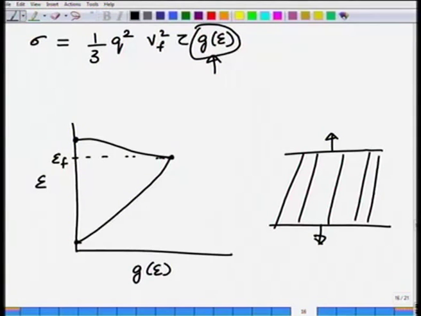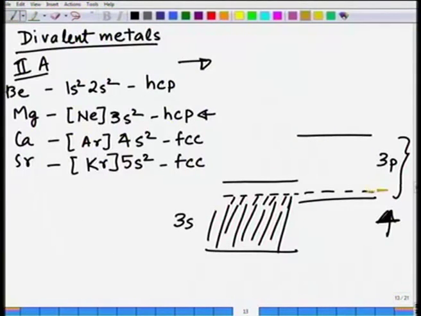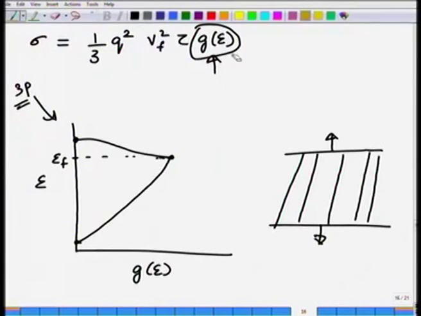In the case of a bivalent metal, if I think of this as the 3p band, then I will think of the Fermi energy to be somewhere here, as the energy for a bivalent metal. In that case, I do have some G, some value of density of states, and hence I have some conductivity, but not as good as monovalent metals.